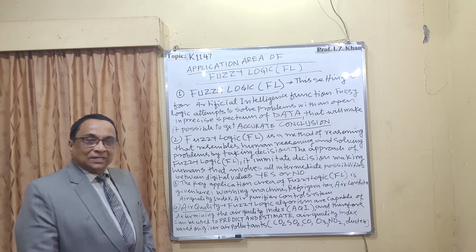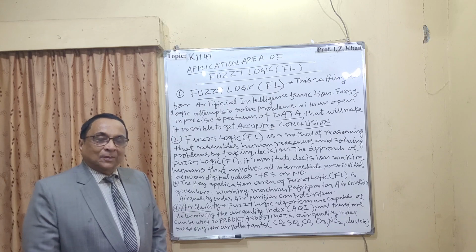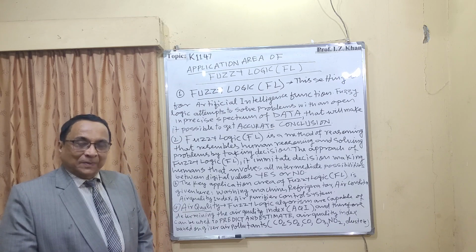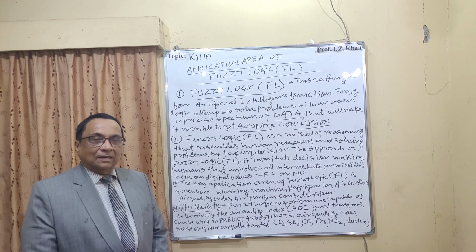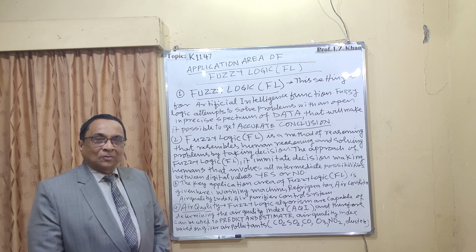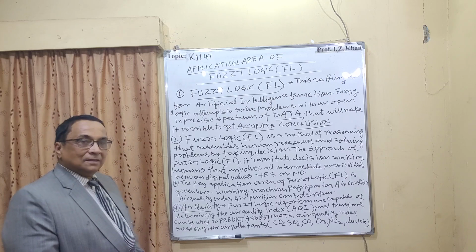So it works on the basis of data for the spectrum of problems, and on the basis of data it will solve problems one by one, and it will reach an accurate conclusion.